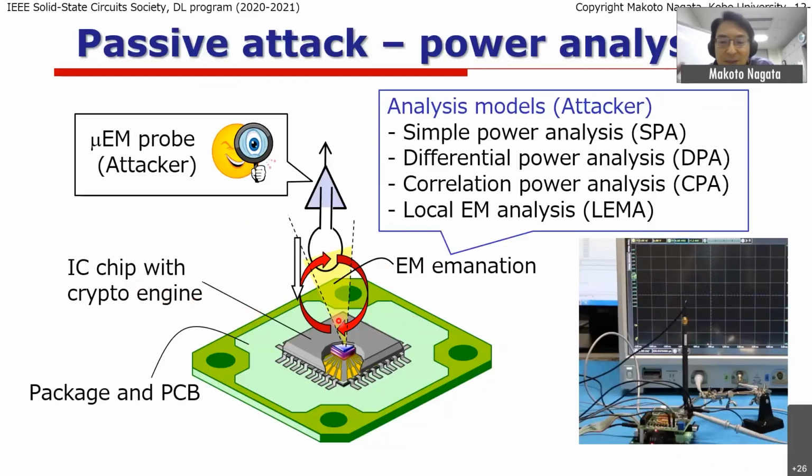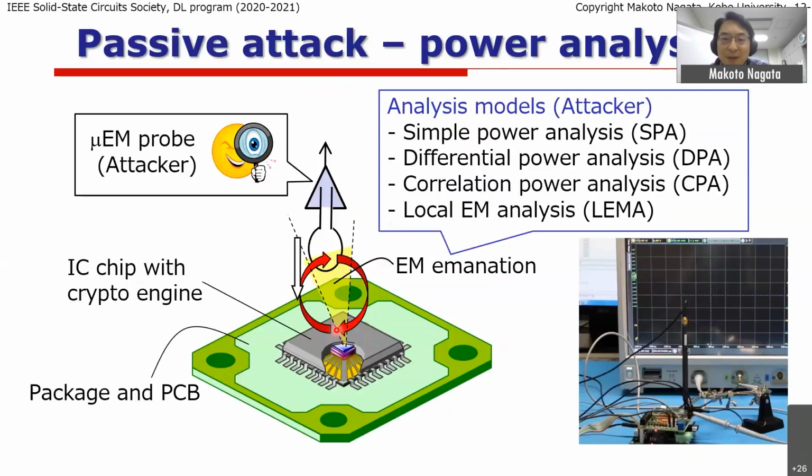This is exactly the image I showed you in the previous slide. Even though the chip has many different types of circuits, not just the cryptographic engines, but also the PLL, AD converters, and some other circuits, the antenna can come to the location of the cryptographic engine on the IC chip.